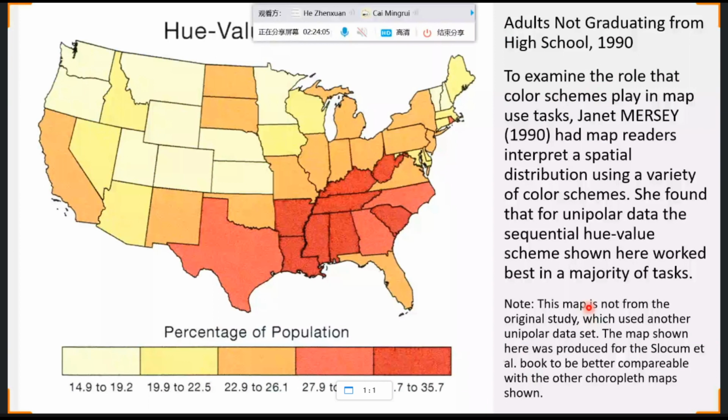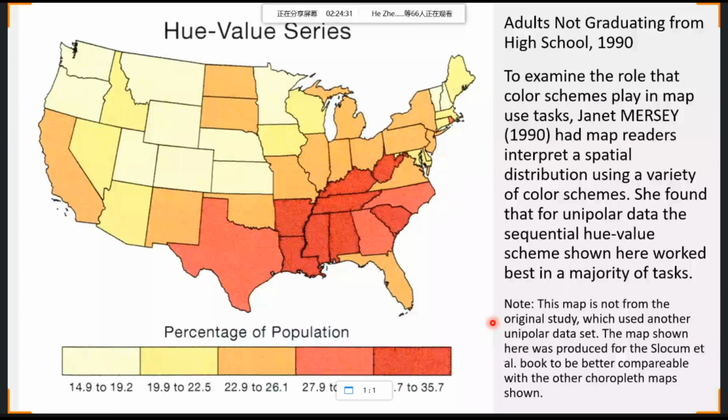That means not for all tasks. You can ask different questions, of course, about such a map. You can do analysis in different ways, and therefore different maps might be the best solution. But for most of the tasks, this scheme works best. And this map is not from the original study, which used another unipolar data set.